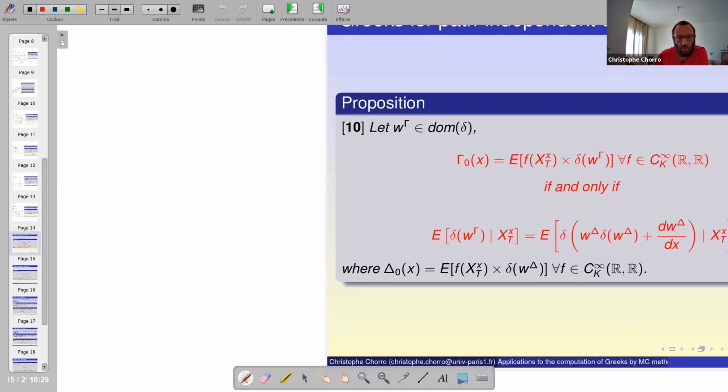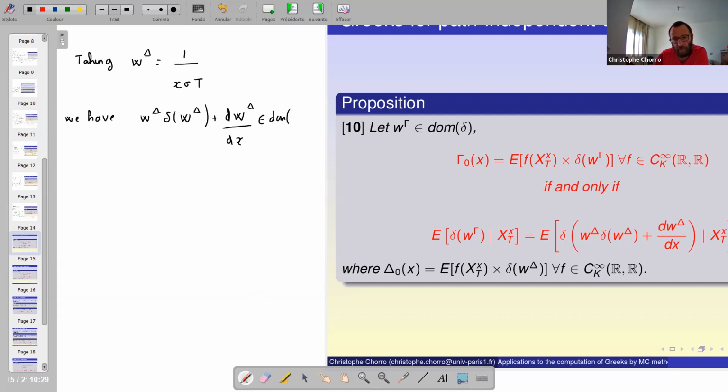so taking W delta equal to 1 over x sigma capital T, we have delta W delta plus dW delta over dx that belongs to the domain of delta.